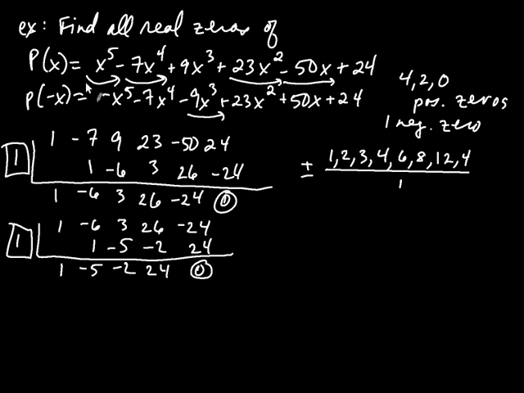Okay, let's try -1 now and see what we get. Whoops, I'm taking the original polynomial now. So 1, -7, 9, 23, -50, and 24. Okay, so it's going to be 1, -8.